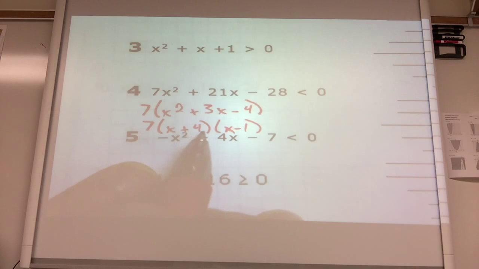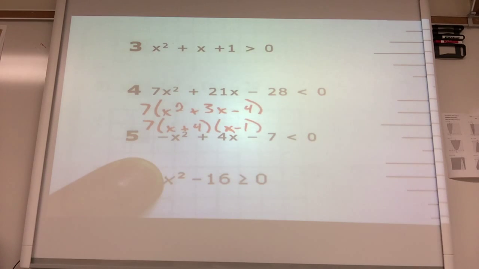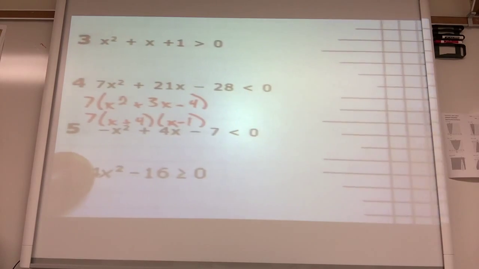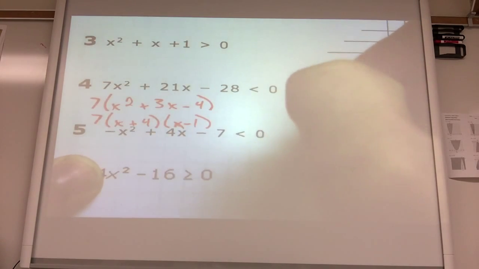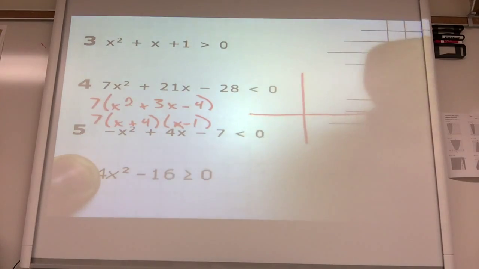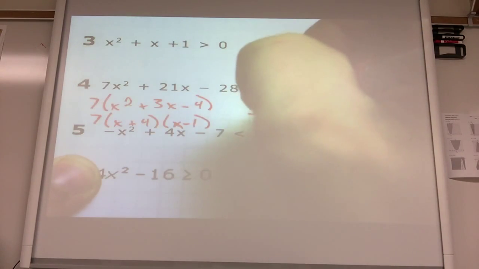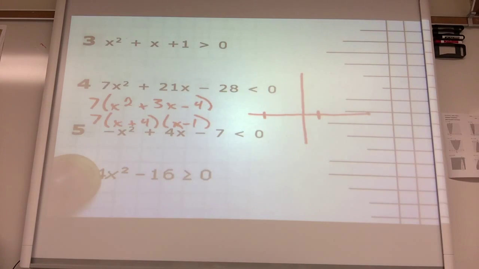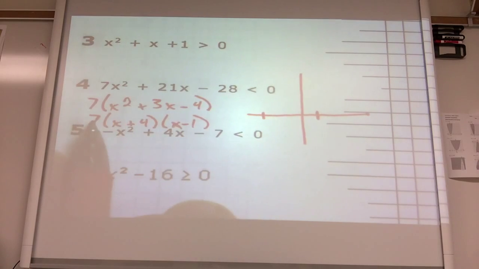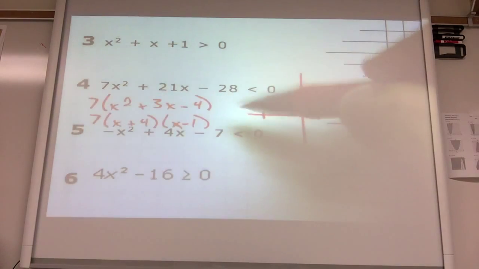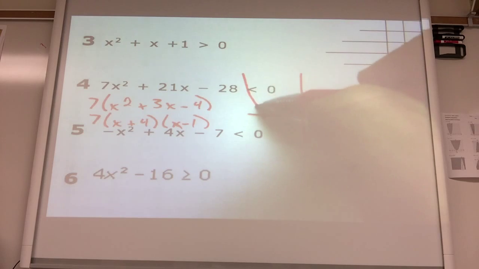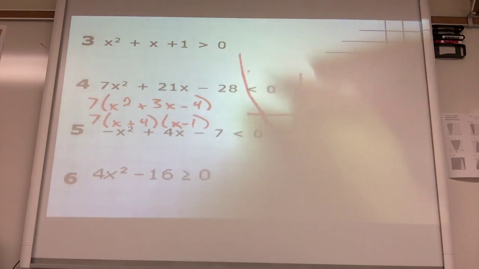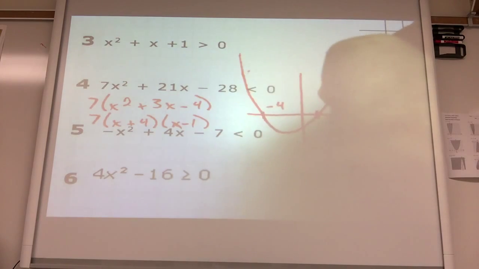Okay, so when I graph this now, again, I'm just going to do a kind of junky sketch. So at -4 it's going to cross, and at +1 it's going to cross. And this is just all estimation, as you can see. We know it's facing up because the a value is positive, so it's going to look something like this. And remember, this is at -4, and this is at +1.